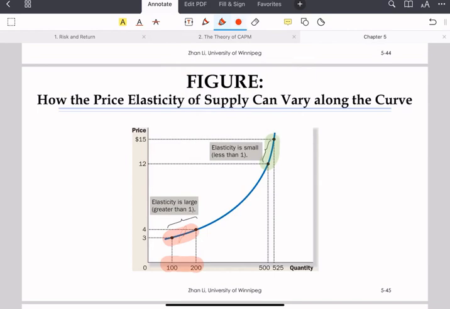This means at a low production level, if you observe a price increase, you could quickly increase your production. So quantity supplied can be very responsive to price changes. So your elasticity at this low production level will be large.